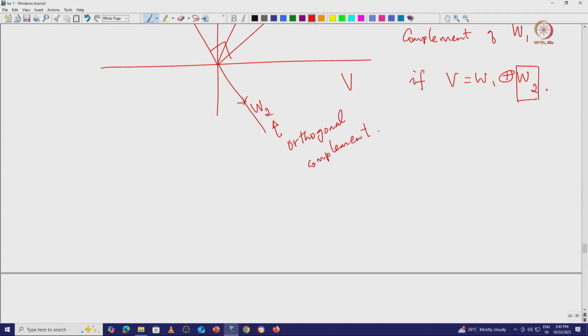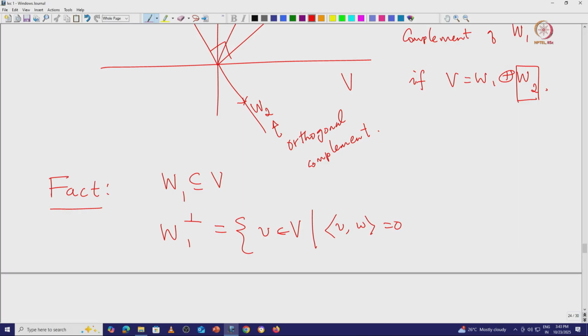So, what does it mean? Here is a fact which is easy to prove. Given a subspace W1 of V, one can define its orthogonal complement, which consists of those vectors in V which are orthogonal to all the vectors of W1. That is, the inner product of v and w is 0 for all w in W1.